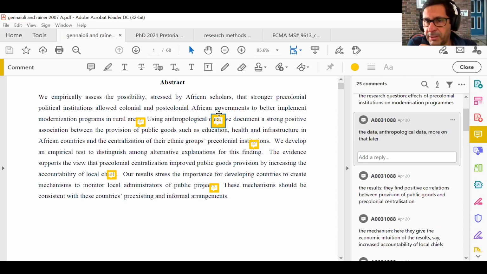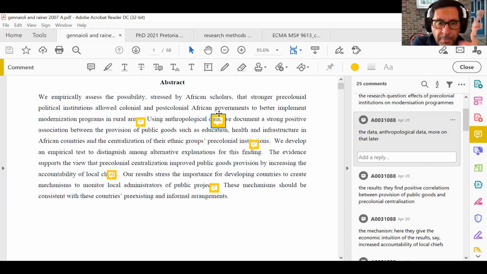And then the governments, they come back to us and they say that they are going to give 350 rand to people instead of public goods, right? So they document a very strong positive association between the provision of public goods, what are public goods? Essentially, when we talk about provision of public goods, we are talking about provision of education and health, right?